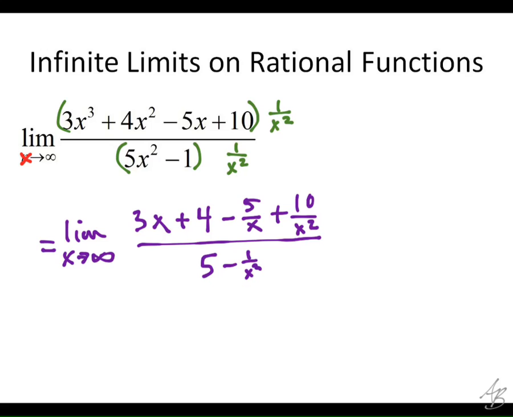And the reason I like to divide by the degree in the denominator is because then we always have a finite number in the denominator, and so we really have to just worry about what's going on in the numerator. If we end up with 0 in the denominator or infinity in the denominator, it makes us think a little bit more.